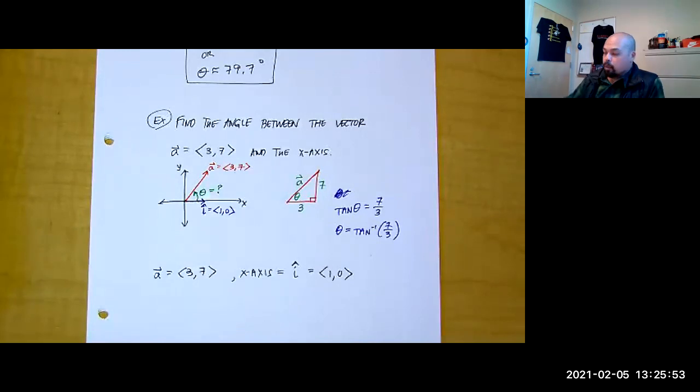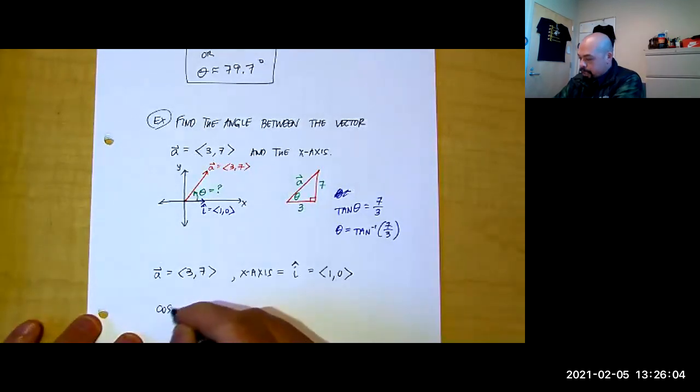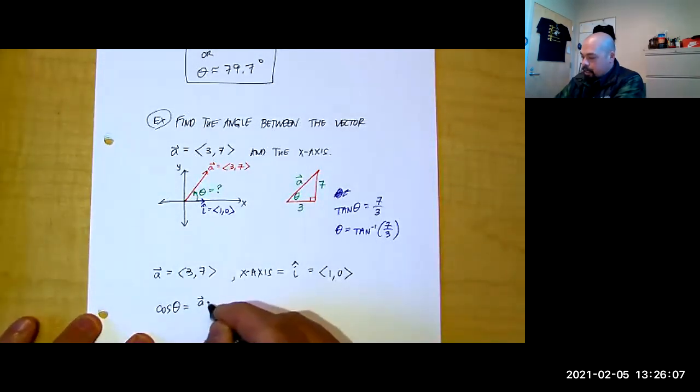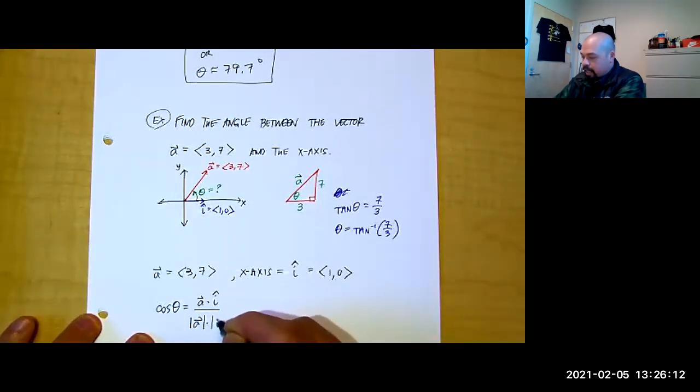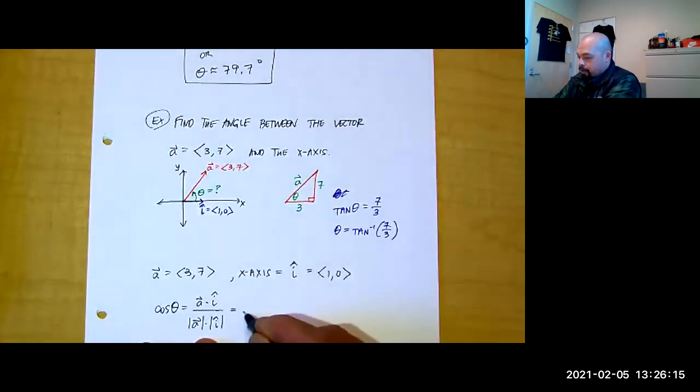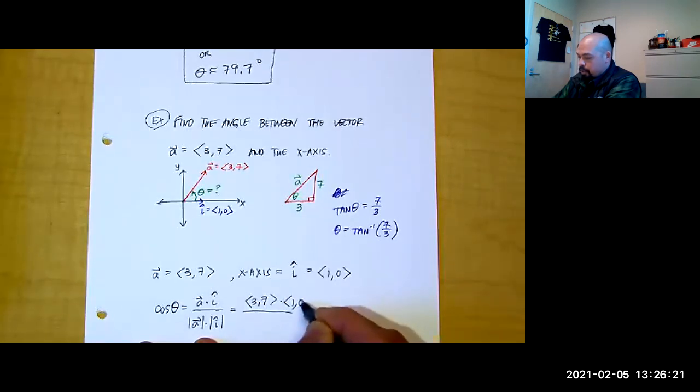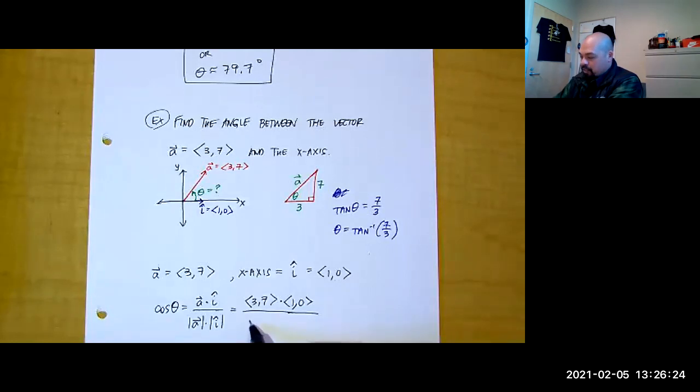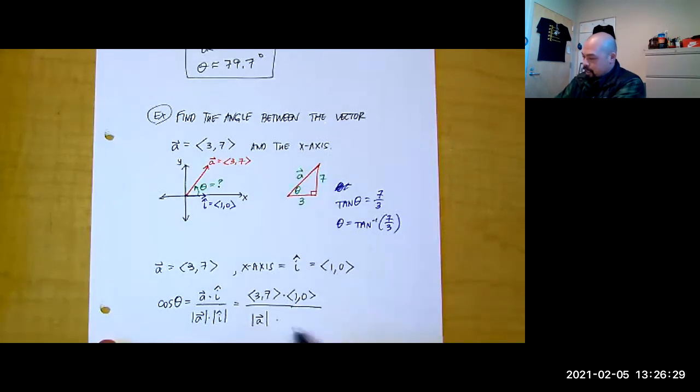Okay, so we can find the angle between those two vectors, or even do it with the y-axis, the j vector, right? So in that case, what we can do, we can take that cosine theta, a dotted with i, all over the magnitude of a times the magnitude of i, right? So up top here, 3, 7, dotted with 1, 0, over, I'm going to leave this in this notation, but the magnitude of i is just 1. So unit vectors by definition.